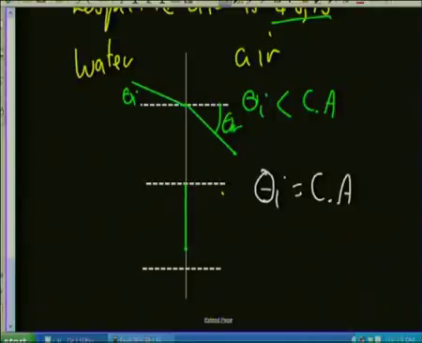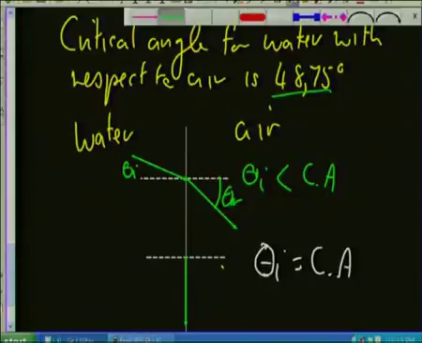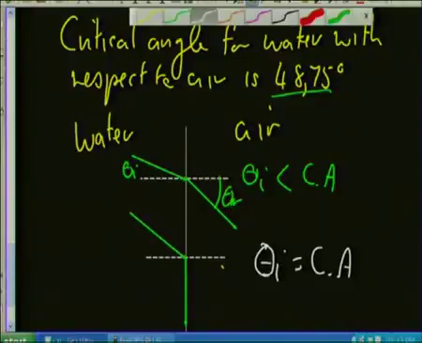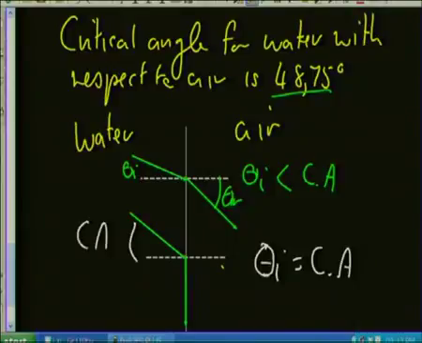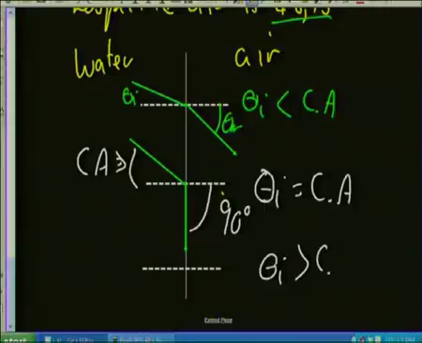So if it was that 48,75 angle of incidence measured from the normal, and we recognize that this angle here is the critical angle, if that's equal to the critical angle, then we're going to get an angle of refraction that is equal to 90 degrees. And the last scenario is what happens if my angle of incidence is greater than the critical angle.